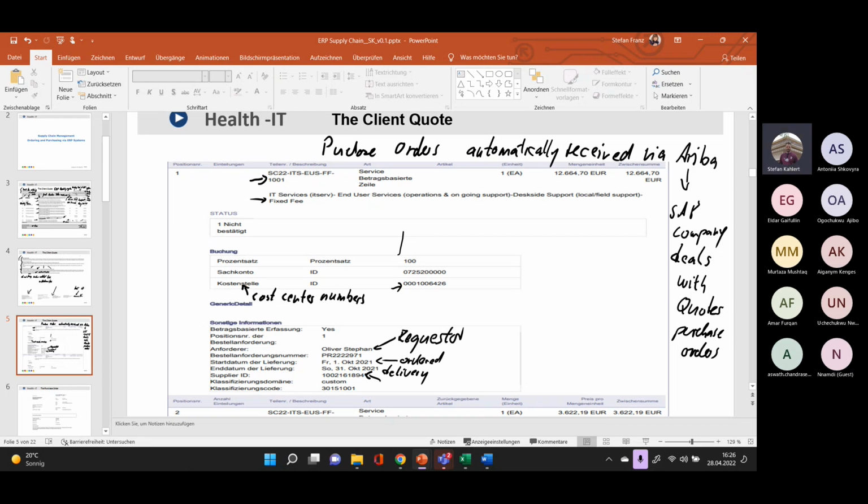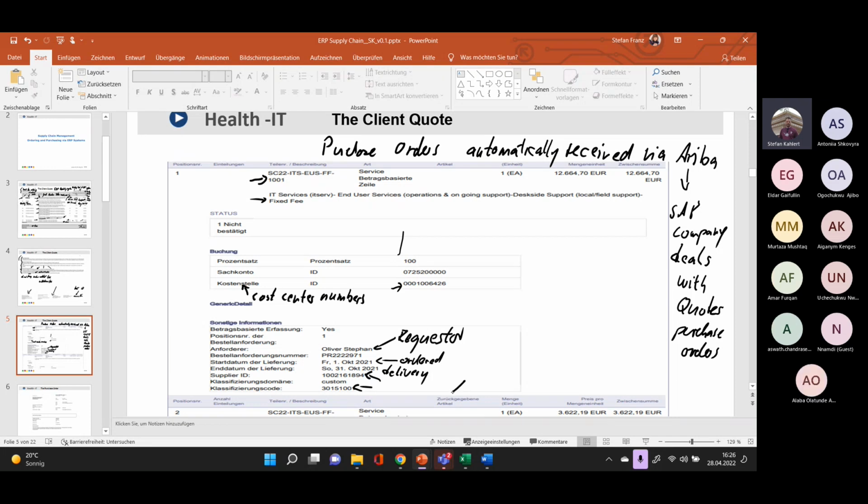Again, automatically, you will also find a classifying code. This classifying code will be automatically applied to companies who do business. You see here a quick description. It's difficult to see. I have copied it in, but it's a real PO and it was a real quote.